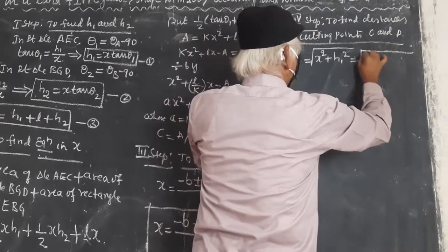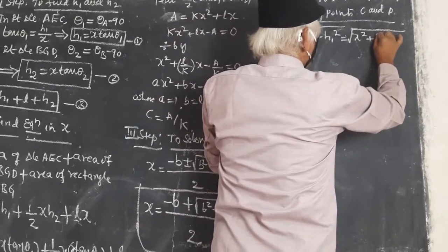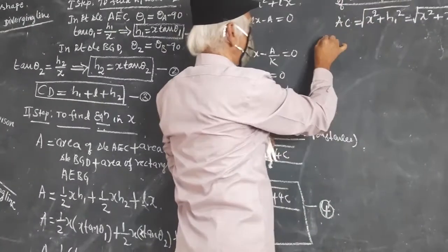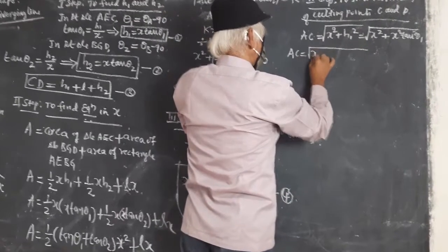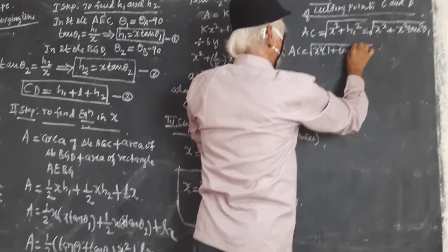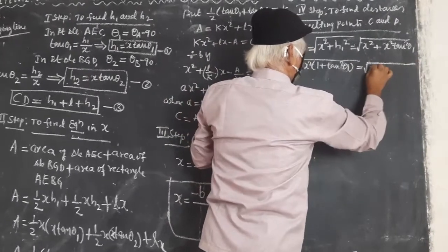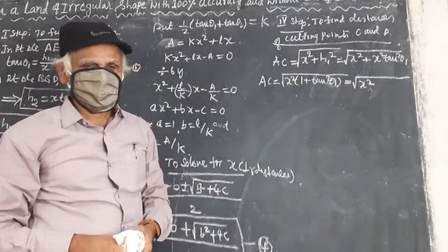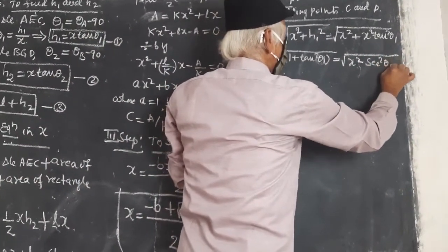So this is X squared. Substitute for H1, and hence H1 square becomes X squared tan square theta 1. So AC becomes the square root of X square, which is a common factor, removed, into 1 plus tan square theta 1. Here 1 plus tan square theta 1 is a trigonometric identity and it is equal to secant square theta 1.